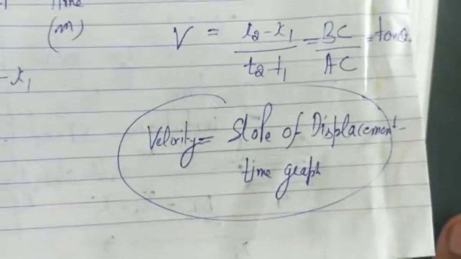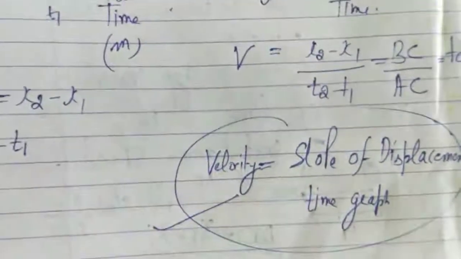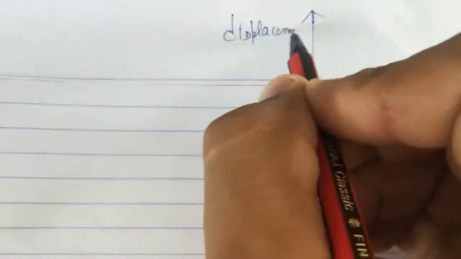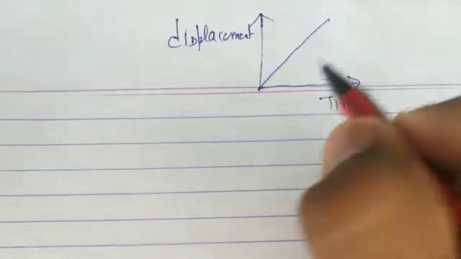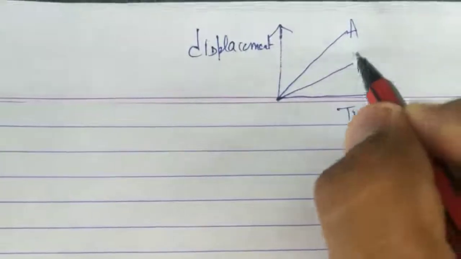So they can ask a question: what does the slope of a distance time graph or displacement time graph indicate? It indicates the velocity. Suppose this graph is given to you. This is displacement and this is time. Suppose this is one slope and this is another slope. This is of car A and this is of car B. They will ask which car travels faster.